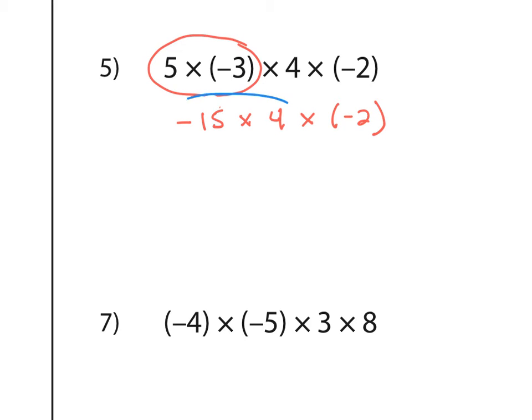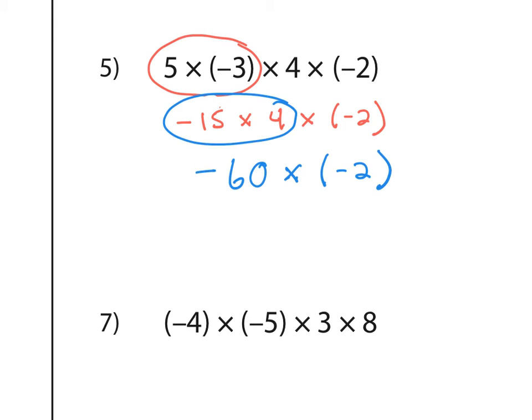This time, please tell me what the product of negative 15 times positive 4 is. The product is negative 60. And now we're going to drop down this last factor of negative 2. Factors, again, are numbers that we multiply.